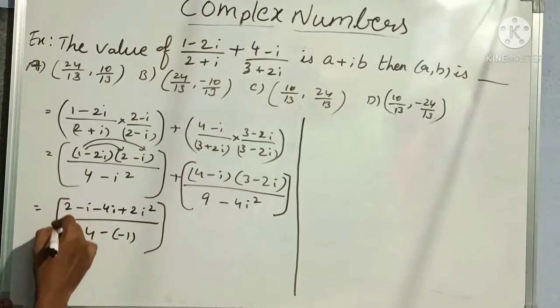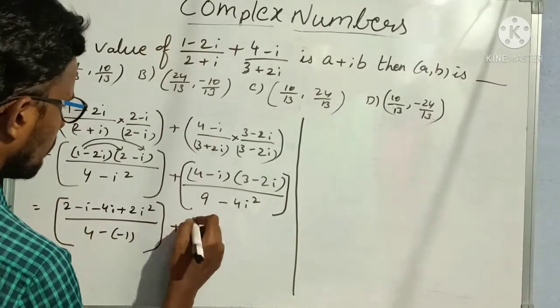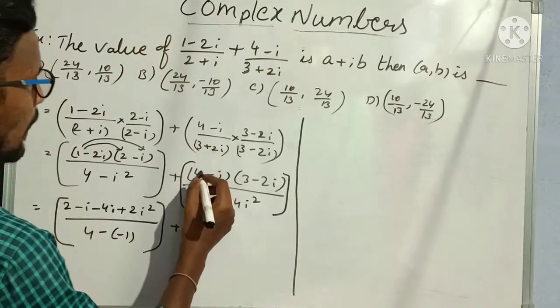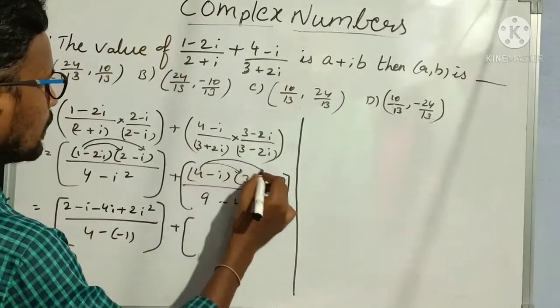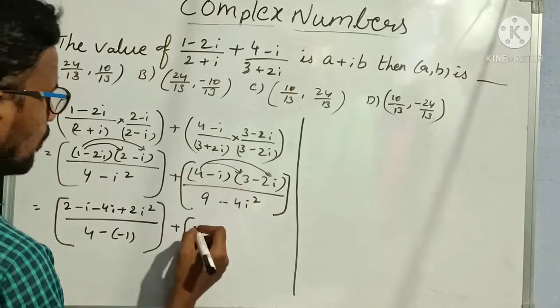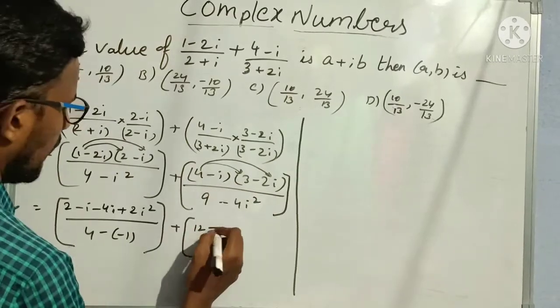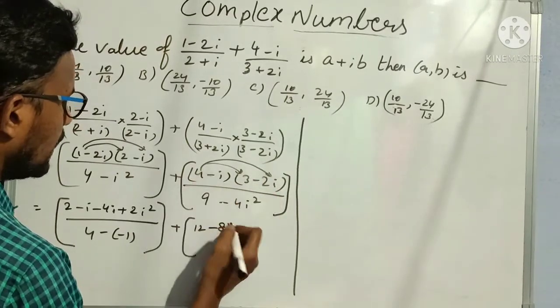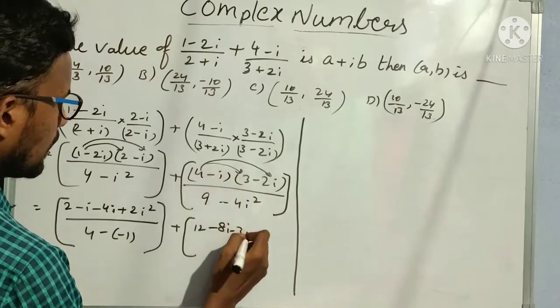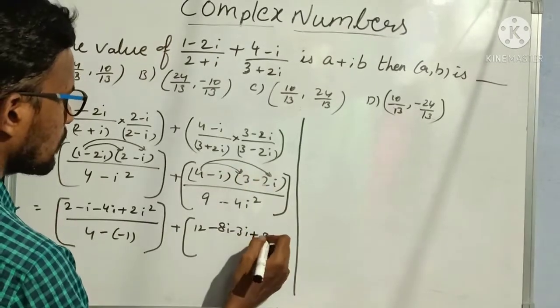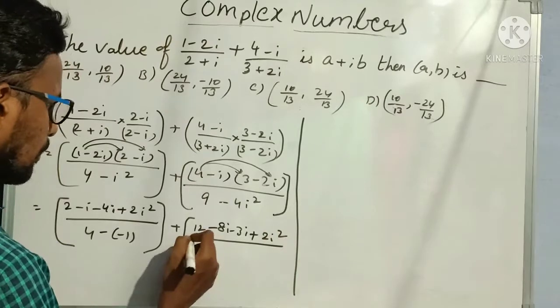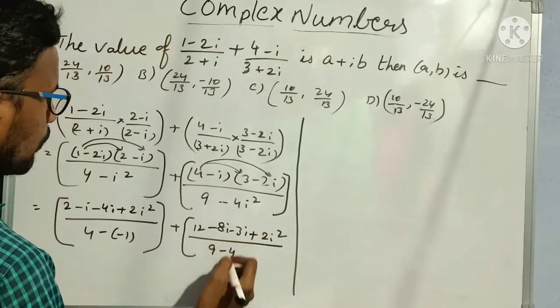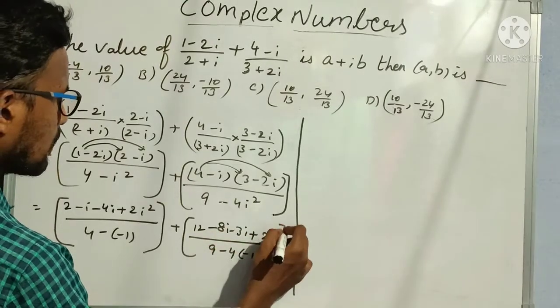Next, again plus, multiply here also first term with first term and second term. 4 into 3 is 12, minus 4 into 2i is 8i. Again minus i into 3 is minus 3i, minus into minus is plus 2i square, by again 9 minus 4 into i square, whose value is minus 1.